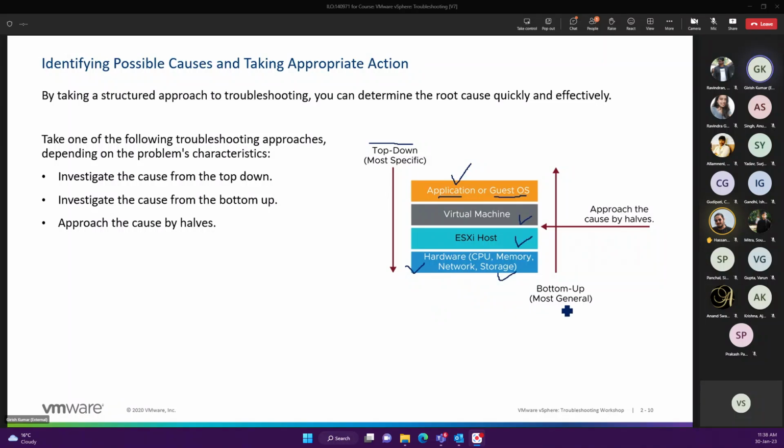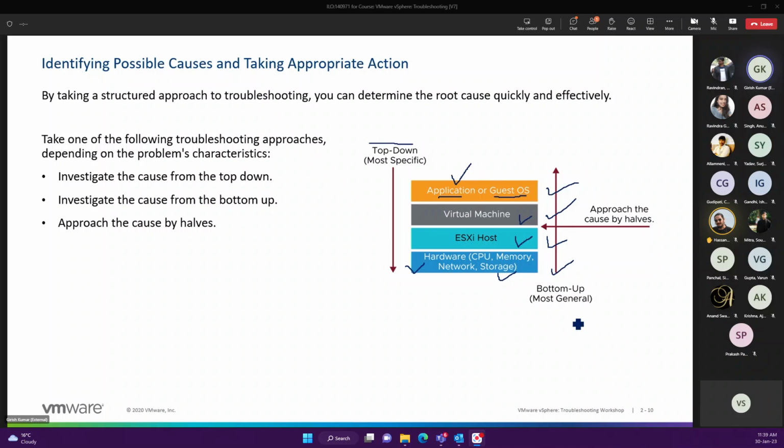And also we can use the bottom-up approach. If you know, yes, we had made some hardware level changes recently on that particular ESXi host, and the problem we also have on the same host, so why not start directly looking at the hardware level first, then ESXi, virtual machines level, then application and guest OS, we need to contact the owners of the application and make sure whether application level certain changes took place, and since that time the problem we are facing.